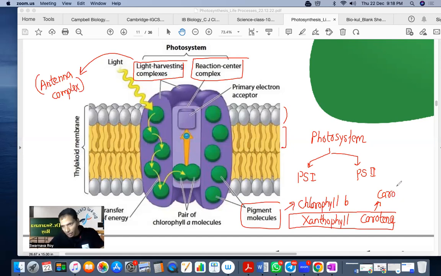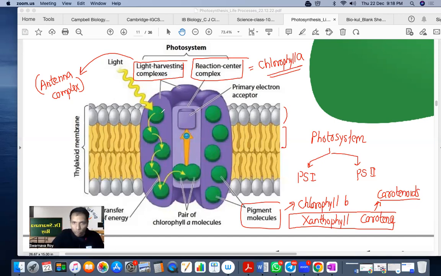And the reaction center is mainly rich in chlorophyll A.